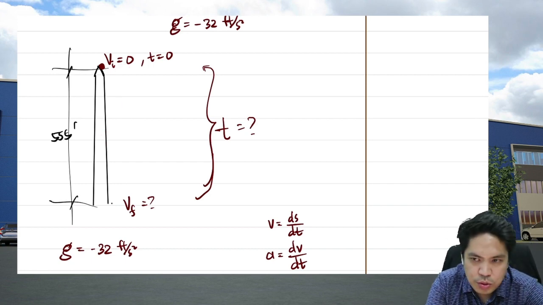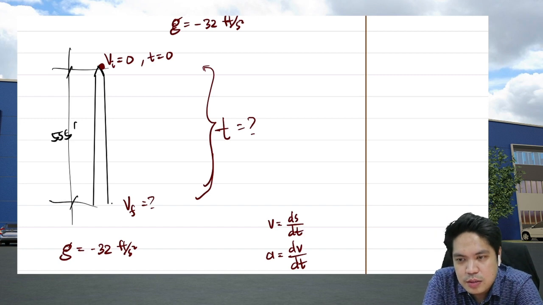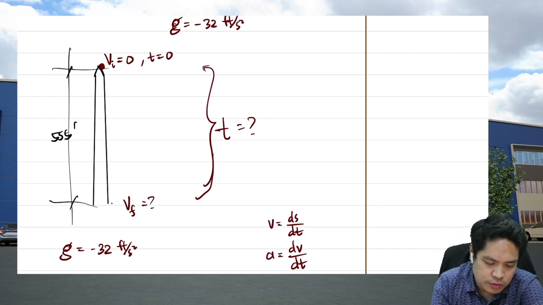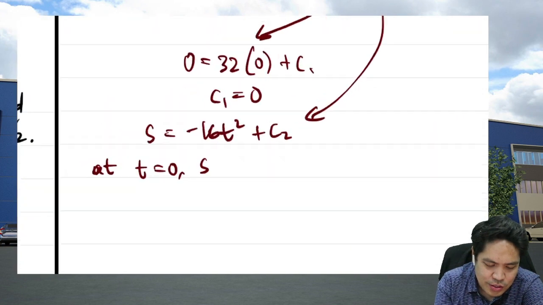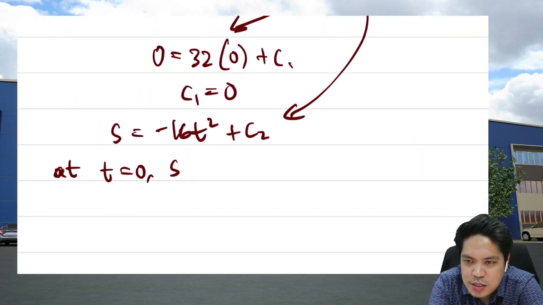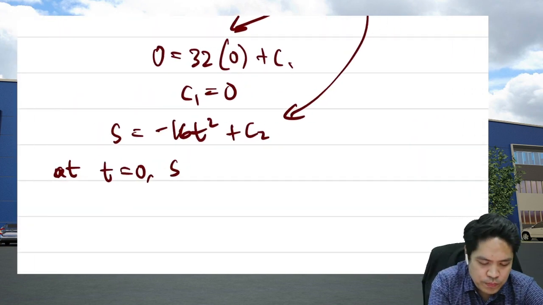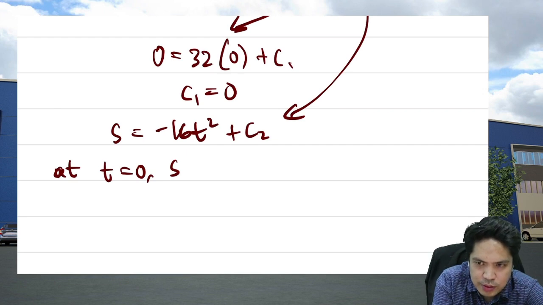So that is the value of s. Okay. Of course, it has not fallen yet at the initial point, it is just about to fall. So s is equal to 0.